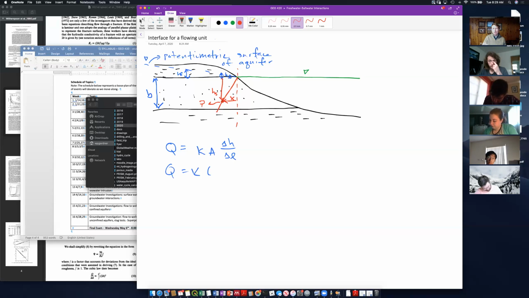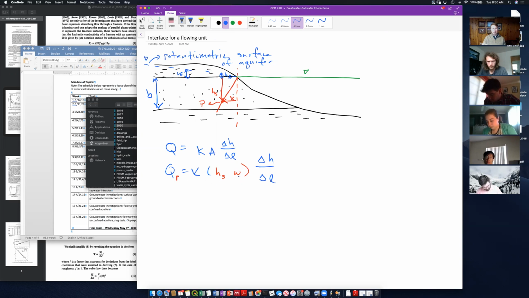At any point, the discharge through the aquifer above that point would be given by the area of the aquifer above the point. So Q at P would be given by the area, which is H sub S times W, some width in and out of the board, times delta H over delta L. All right.